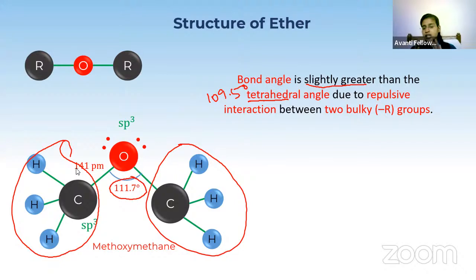So that is why the bond angle is increased from the normal tetrahedral bond angle for ether. All right. For alcohol, it is getting less, and for ether, it is slightly greater than the normal tetrahedral bond angle. Can you all understand? Any doubt from the structure of all the three compounds?